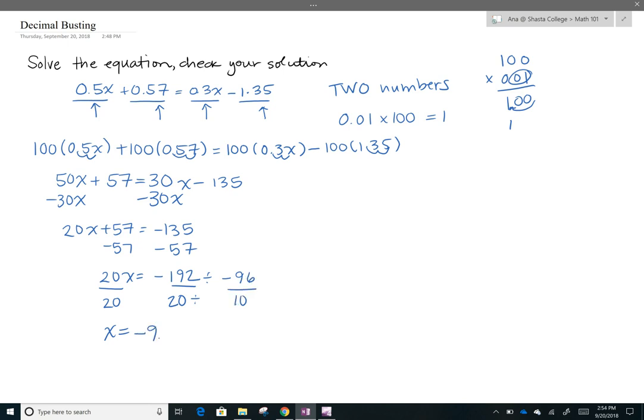Negative 9 6/10. If I want to check my solution, I have to plug in my negative 9.6 into my equation.